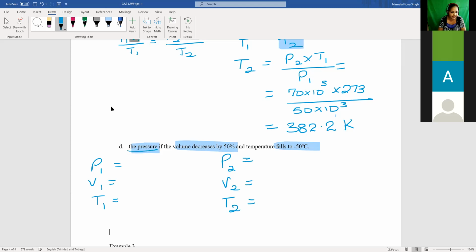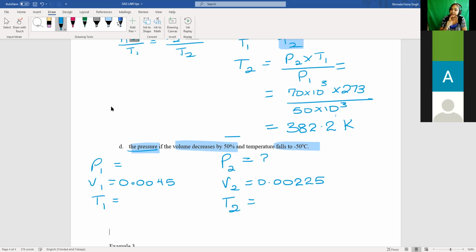They want us to calculate the pressure if the volume decreases by 50%. So that means our new volume is going to be 50% of the original volume. What was the original volume? 0.0045. So you find half of that. 50% means half, so we divide by two, and we're going to end up with 0.00225.